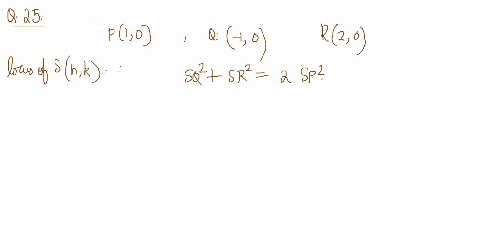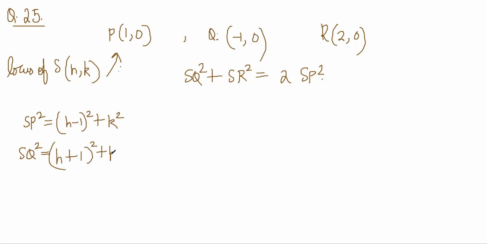So this is just put distance formula, you'll get. What is SQ square, SP square, SR square, right? It's obvious only. SP square is what? H minus 1 whole square plus K square. SQ square is what? H plus 1 whole square plus K square.